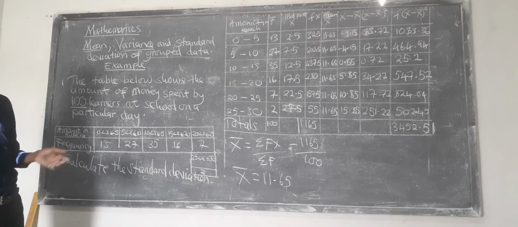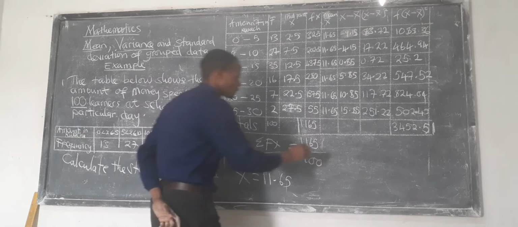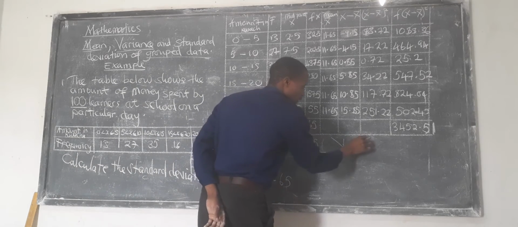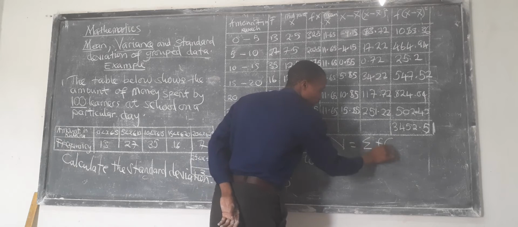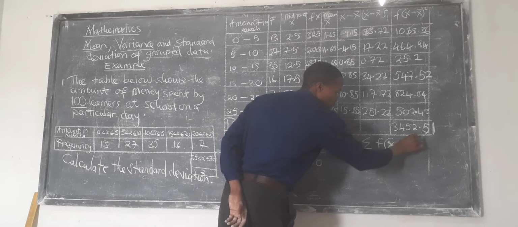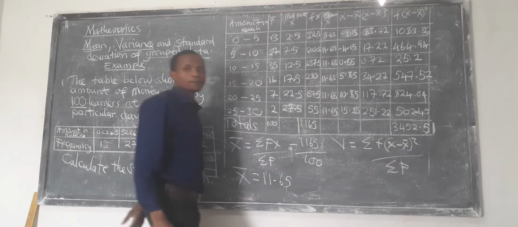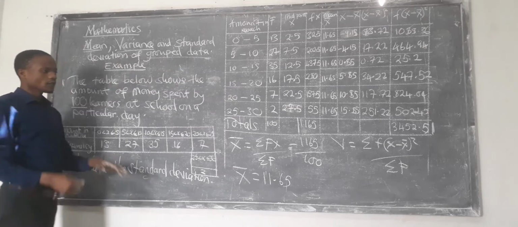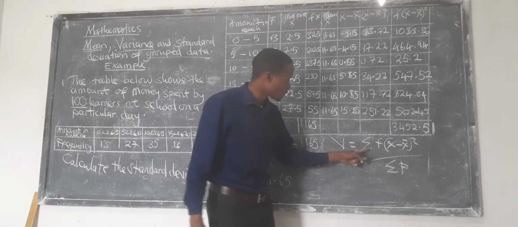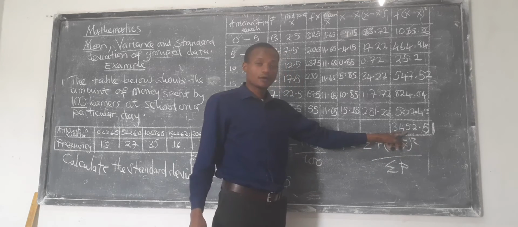So for variance, the mean we already found is 11.65. Variance is equal to the summation of f open bracket x minus mean squared, over the summation of frequency. We have already found the summation of f(x minus mean) squared, which is 3,452.5.